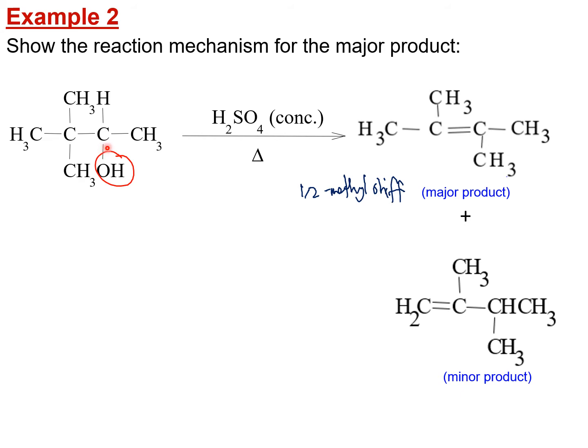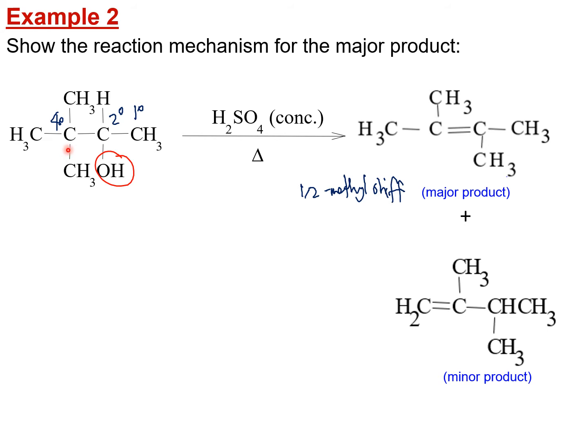But as I told you, if this carbon becomes a secondary carbocation, look at the neighbours on the right and left. The neighbour on the right is a primary carbon, and the neighbour on the left is a quaternary carbon. Like I told you, if you want to do a 1,2-methyl shift, you have to make sure your secondary carbocation in your reaction mechanism is next to a quaternary carbon. Only then does it have a chance to do a 1,2-methyl shift so that it can produce a tertiary carbocation.